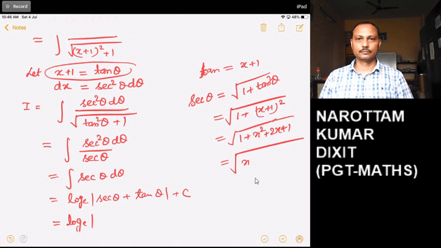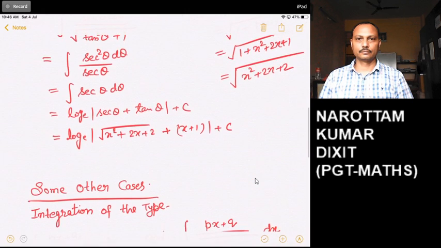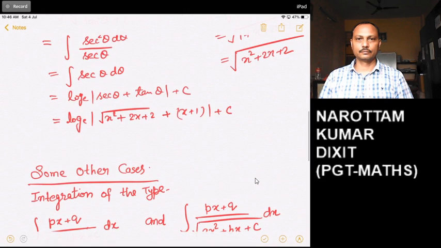After simplification, we get under root x square plus 2x plus 2. This is the value of sec theta. So place the values: it is under root x square plus 2x plus 2, and the value of tan theta is x plus 1. So in this way we can solve the question by this alternative method also.